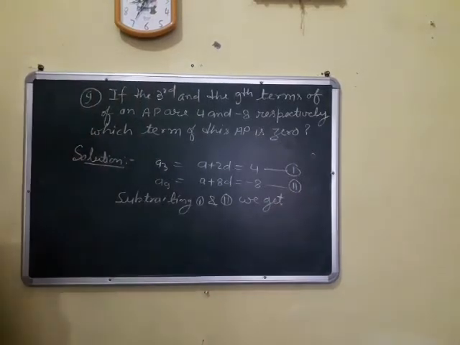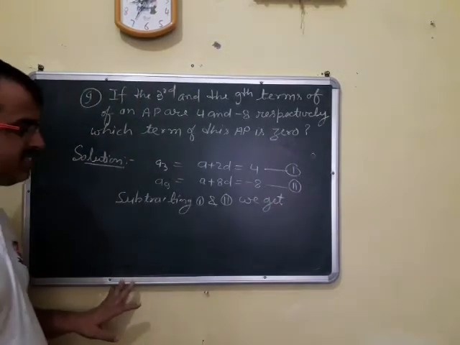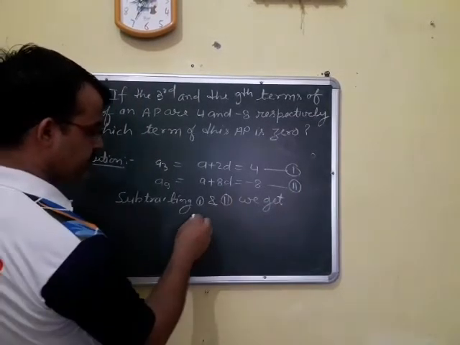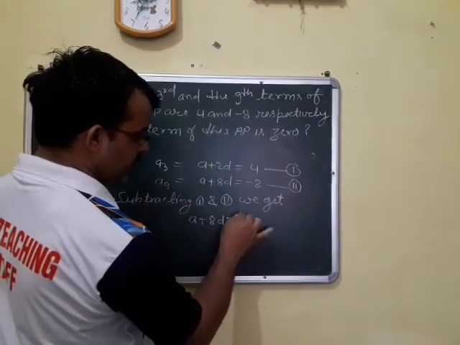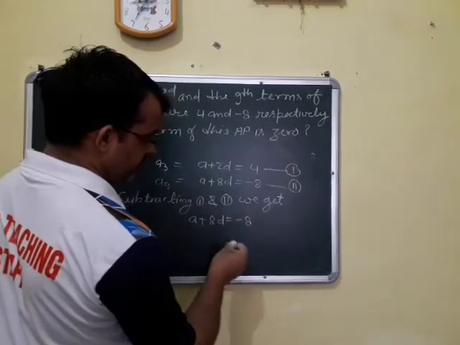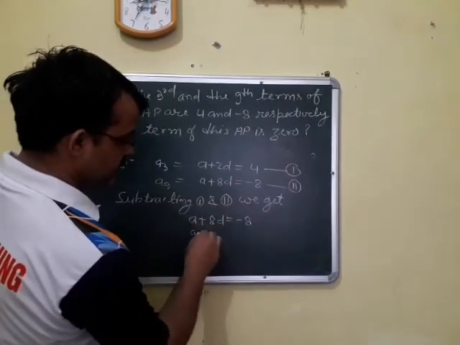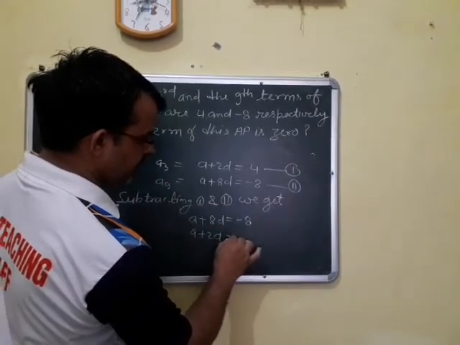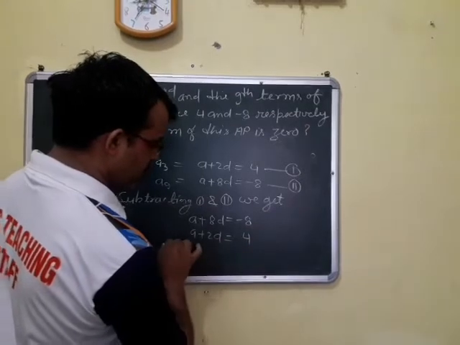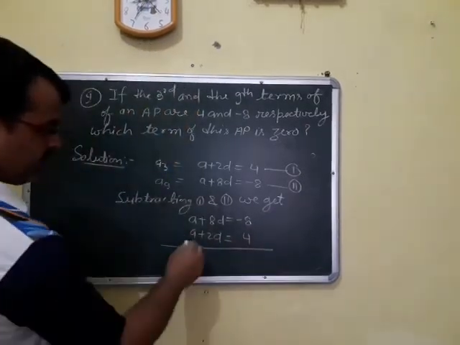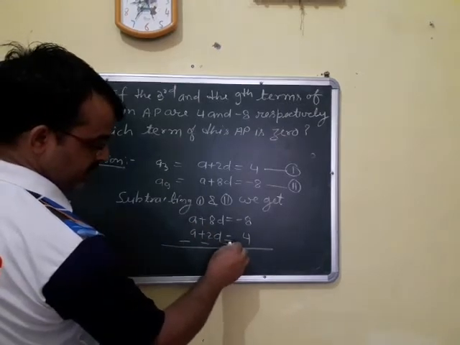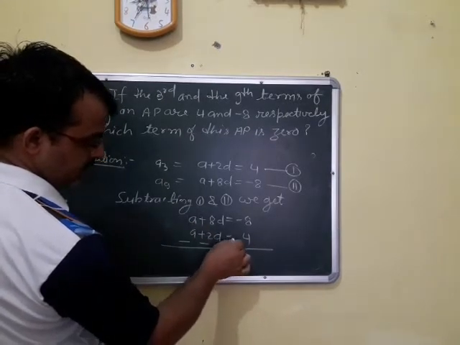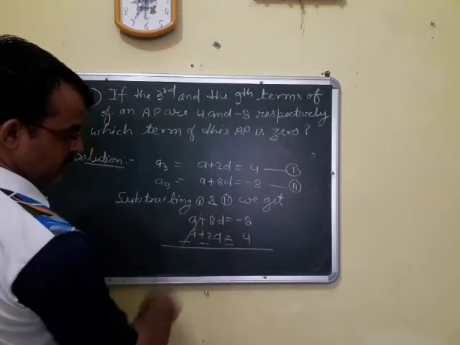Clear? So first we subtract equation first and second. A plus 8D is equal to -8 and A plus 2D is equal to 4. Here the signs are changed in subtraction. Clear? This portion is cancelled.